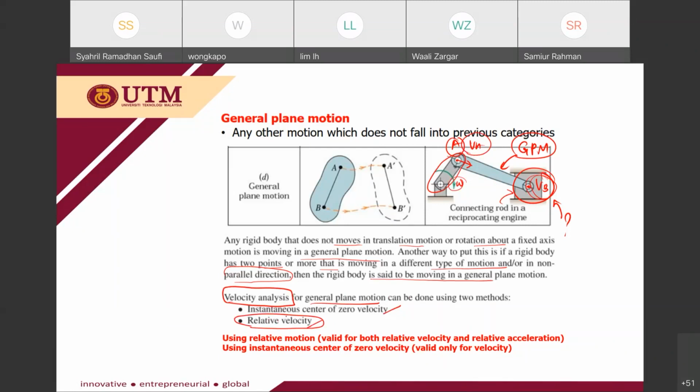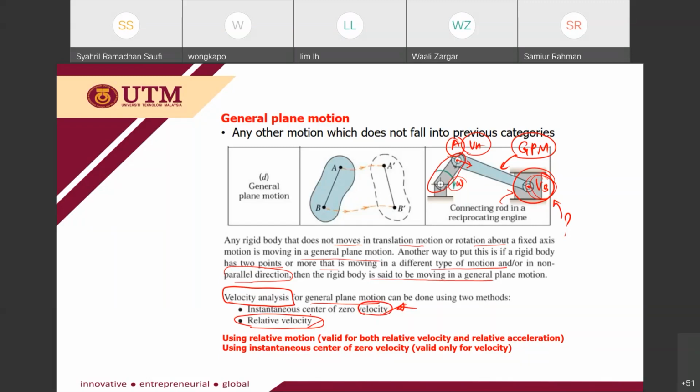So the new analysis that you will learn is instantaneous center of zero velocity. This is only applicable for velocity, because as I mentioned previously, you have two analyses: the first one is velocity, the second one is acceleration. This method is not applicable for acceleration.